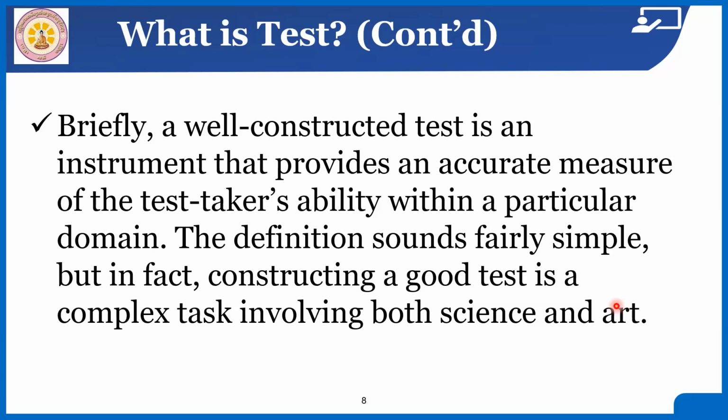Because in Bloom taxonomy, there are 2 levels of thinking skills: lower order thinking, from remembering to applying, and higher order thinking skills: analyze, evaluate, and create. So there is a science that is really specific, and you need to consider it first before you design the test.